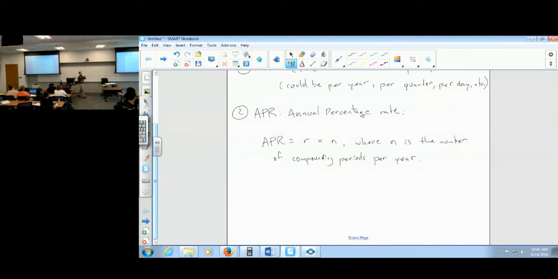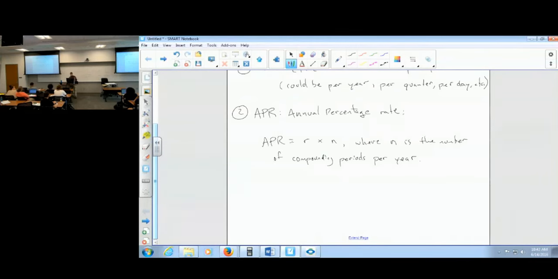In the case of a car loan, you're making monthly payments, right? They're taking the monthly effective rate, that little R, and multiplying it times 12, the number of compounding periods per year. What that is not doing is taking account of the effect of compound interest, right? Because every period you pay a little bit of interest, and then that interest gets locked into your balance in the next period, and it compounds over time.